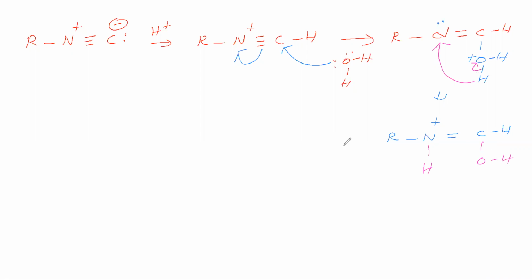So next step we'll write water attacks. Here 2 lone pairs will give. Here lone pair is attacking this carbon. This bond is shifting. So we'll get RNH, here lone pair, single bond CH, here OH, here water, here oxygen plus charge.